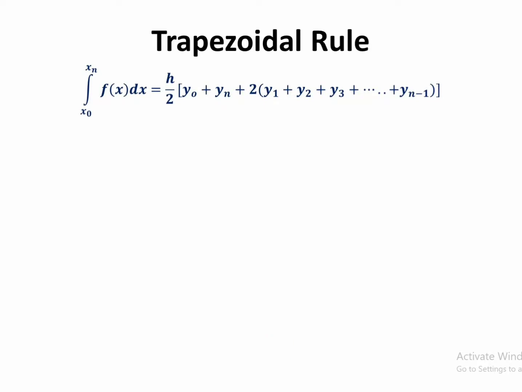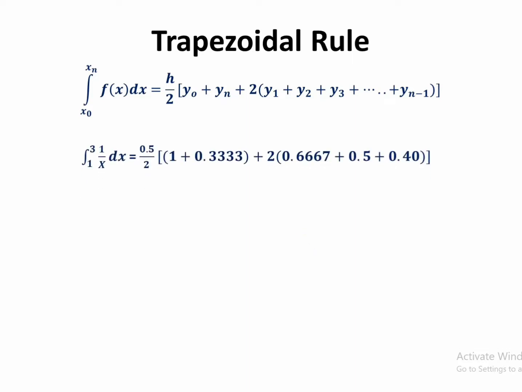Now this is the rule of the trapezoidal. Putting the values in the formula, you will find the answer 1.1166.